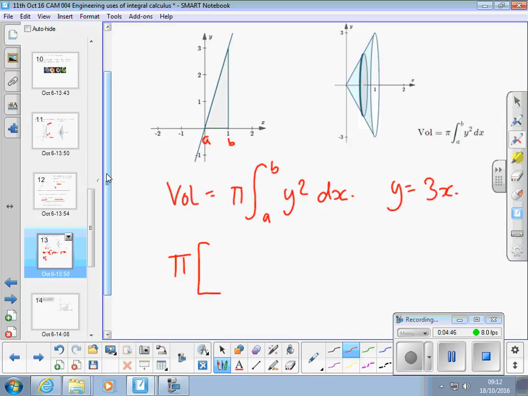Yeah, so what we're actually looking for is the definite integral between 0 and 1 of 3x dx, are we not? I've got to square it yet.